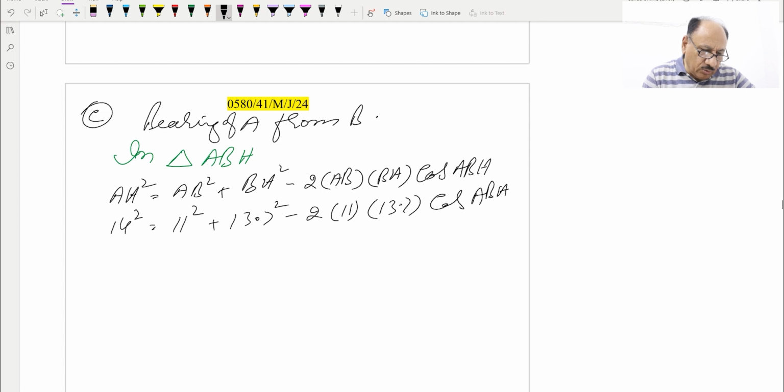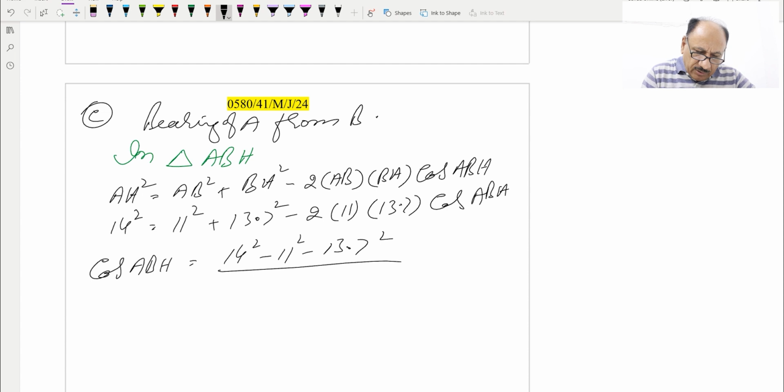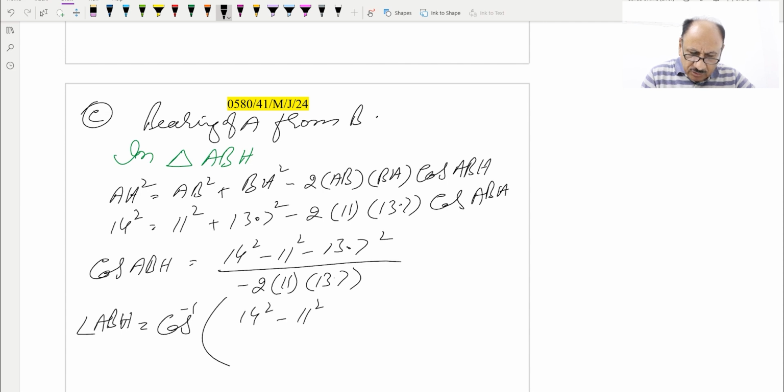So ABH is required, so we can write cos of ABH is equal to, shifting the other sides, 14 square minus 11 square minus 13.7 square, divided by minus 2 into 11 into 13.7.